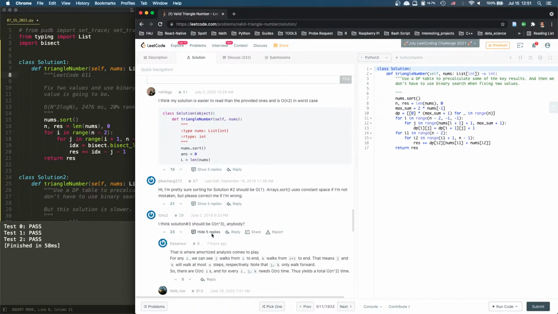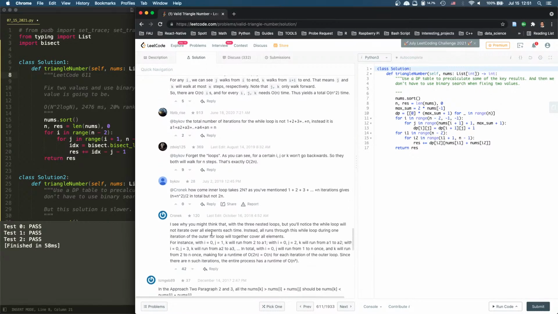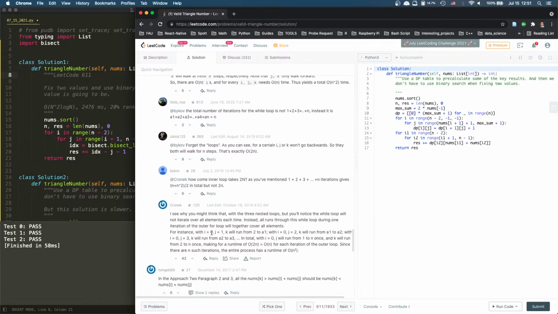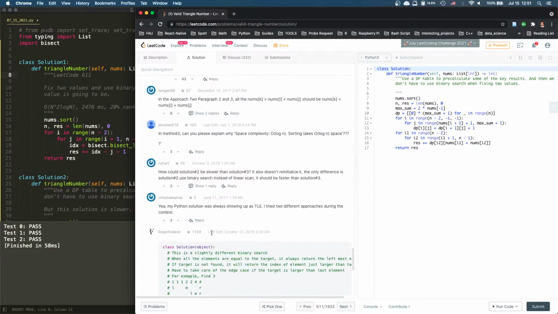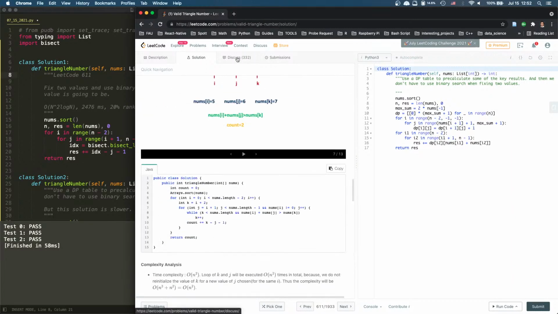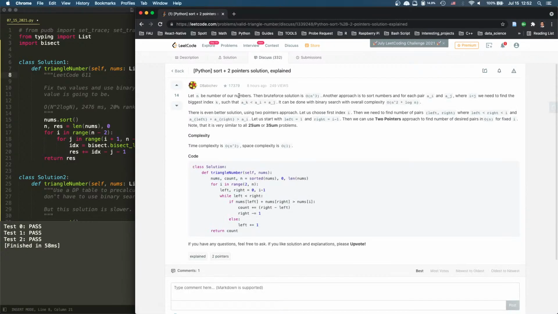I don't think so, because k only traverses once. Something is wrong with the website. I cannot see a lot of the solutions. Sort plus two pointers. Yeah, that's the same as the other one.